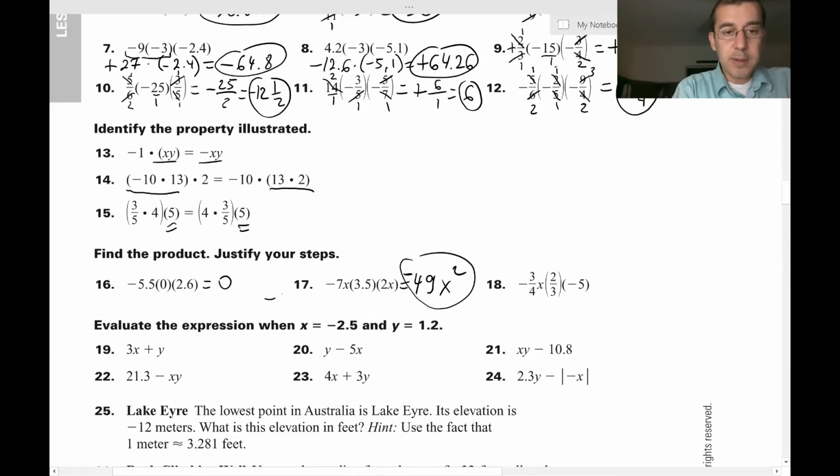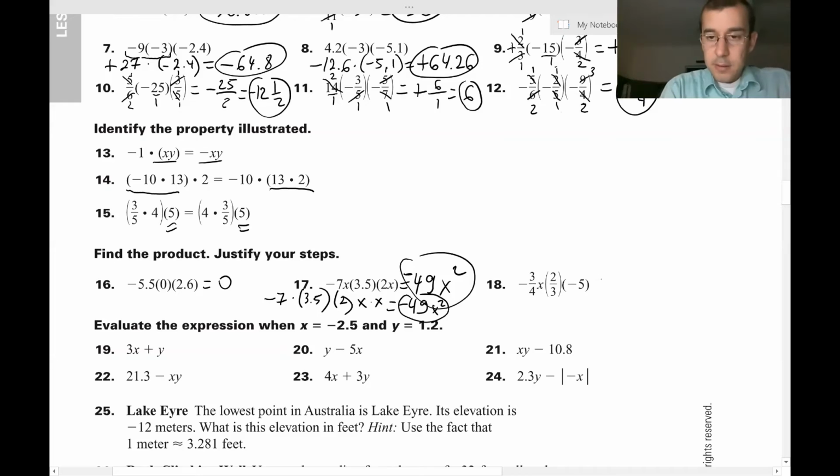So we have minus 7, and then times 3.5, and then times 2, and then we have this x, and then this x. Okay. So here, 3.5 times 2 is 7, times 7 is 49, and then minus 49, and x times x is x squared. So minus 49x squared. Okay.